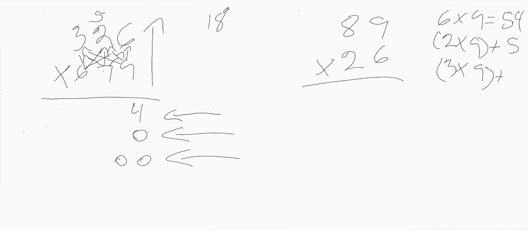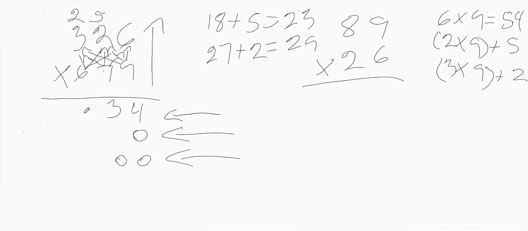So that's going to be 18 plus 5. That will be 23. You're going to put a 3 here, and then you're going to put the 2 up there. So this is going to be 3 times 9 plus 2. 3 times 9 is 27. 27 plus 2 is going to be 29. So since there's nothing else to multiply, you would put your 29 right here.